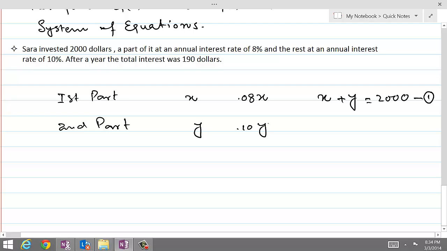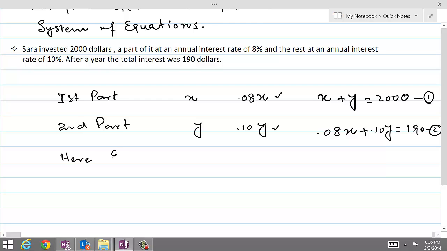And after a year, the total interest was $190. So if we add up the interest earned from the part 1 and we add up the interest earned from part 2 of our money, the total must come to 190. So here it would become 0.08x plus 0.10y is equal to 190. And let's call this as the second relation, or equation number 2.